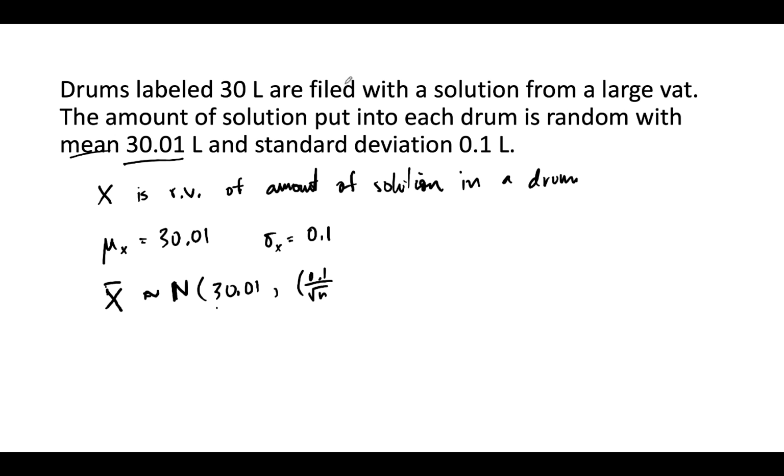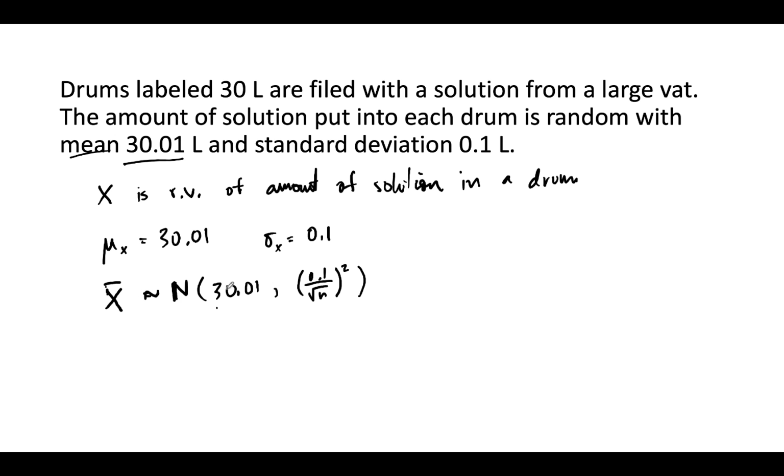I haven't given you any sample size in this. This is just about x. But just from this very limited knowledge of x, we don't actually know what the distribution of x is. That's what's key. We don't know that x is normal, but we do know that x bar is normal, and if I give you a sample size, it's going to have approximately this distribution.